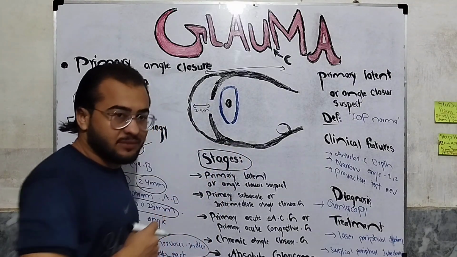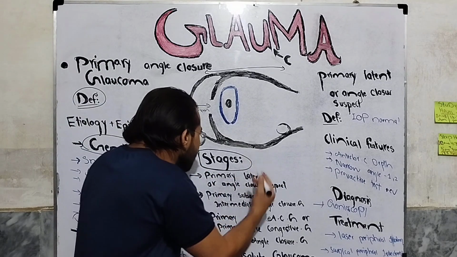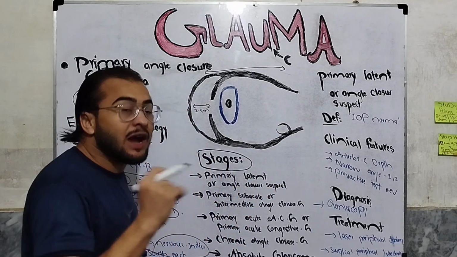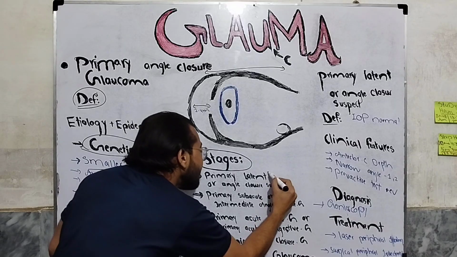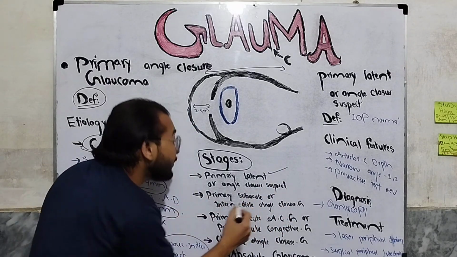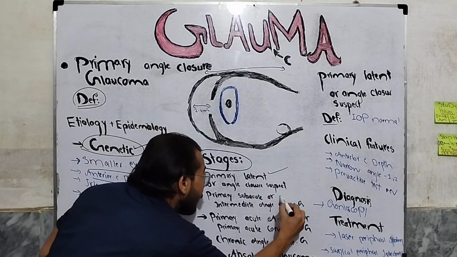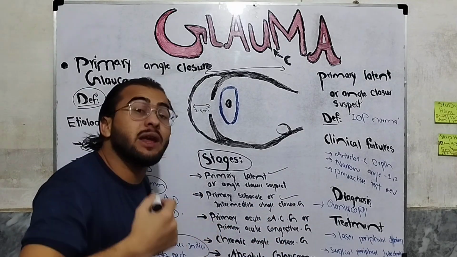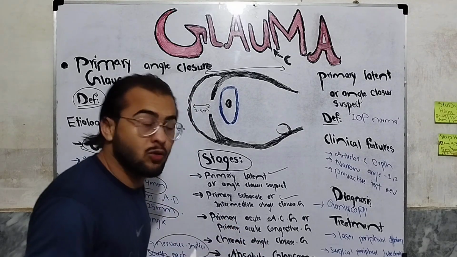Now we have the stages. We have mainly 5 stages of angle closure glaucoma. These are primary latent or angle closure suspect stage, primary subacute or intermediate angle closure glaucoma, and primary acute angle closure glaucoma or primary acute congestive glaucoma.